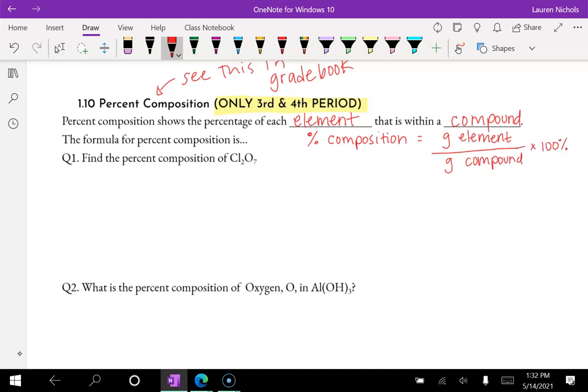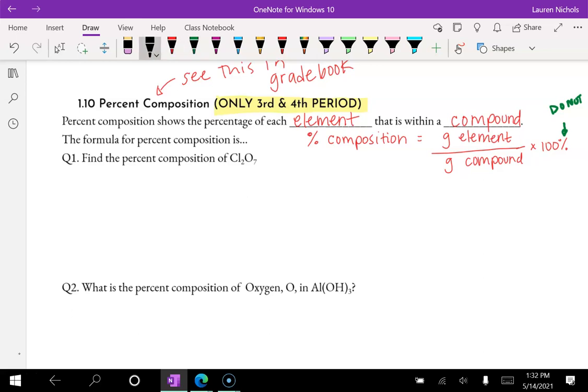Again, remember, anytime we're doing these percentages, do not put the percent sign in your calculator. It's kind of like a unit, like you wouldn't put a G for grams in your calculator.